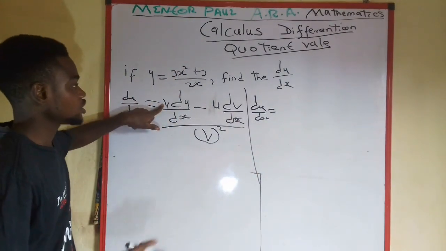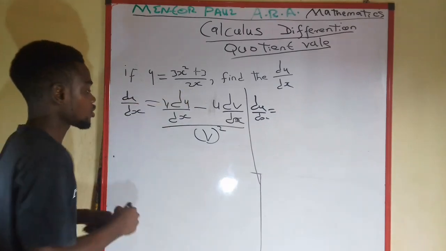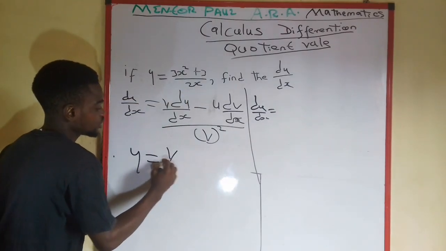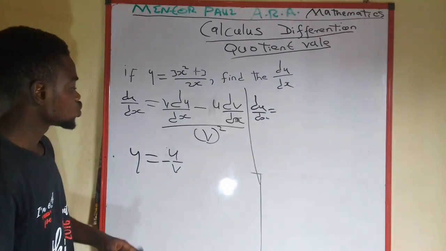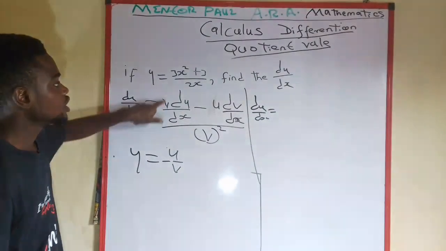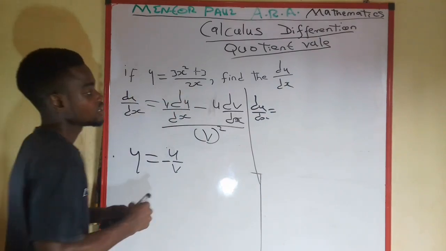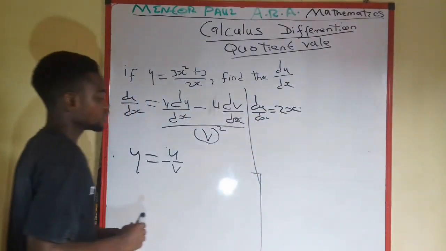I'm going to use the normal v, that is a virgin v, which is the denominator from y equal to u over v. I'm going to use the normal v, like I have it here from the formula, which is 2x, and multiply by differentiated u.